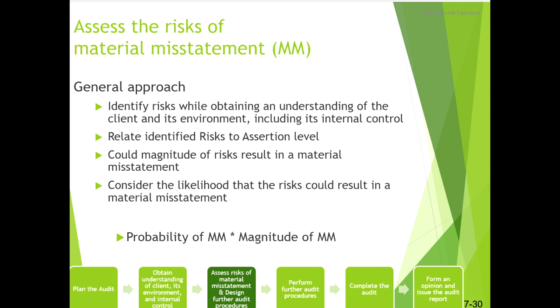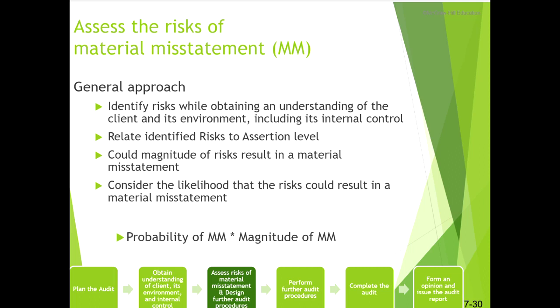We talked about assertions before, right? Those high-level assertions: completeness, existence, accuracy, valuation, presentation, disclosure, cutoff, rights and obligations. The key is we want to think about risk to each of those assertions.